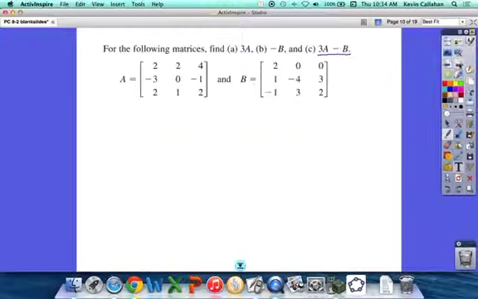So this last one, 3a minus b, that's some combination of scalar multiplication and subtracting of matrices. So let me do it here.